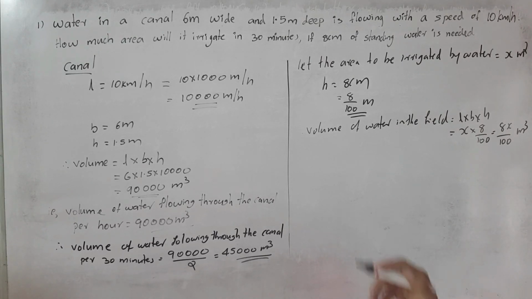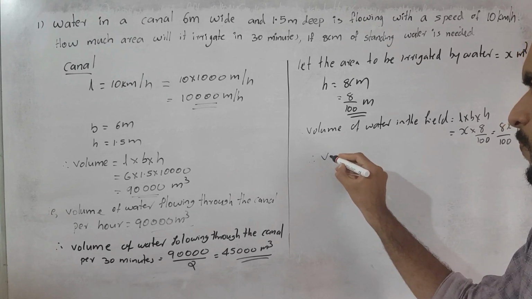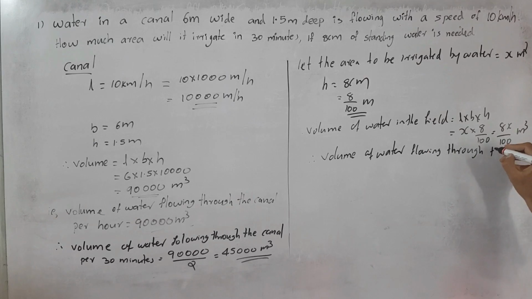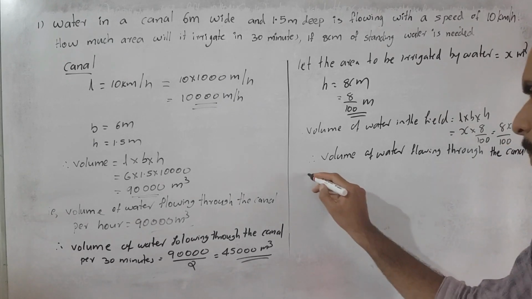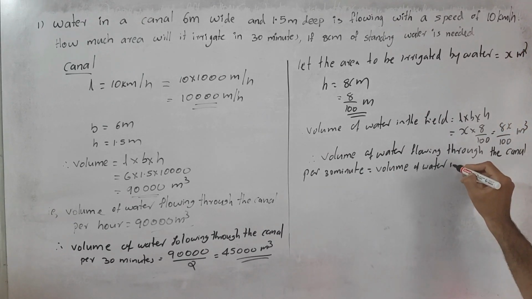So what is next? Therefore, volume of water flowing through the canal per 30 minutes is equal to volume of water in the field.